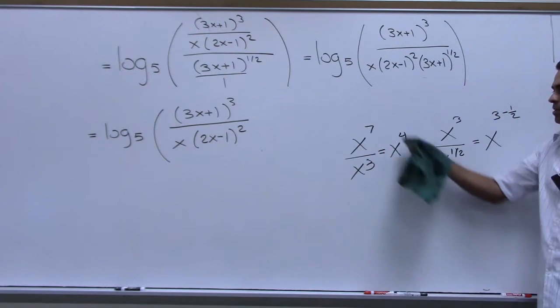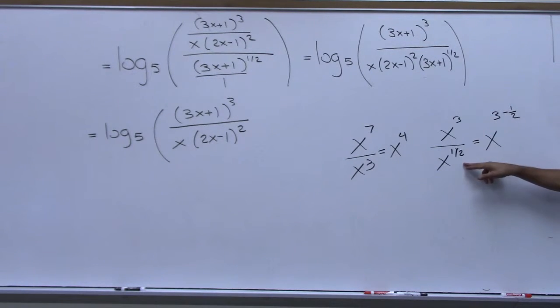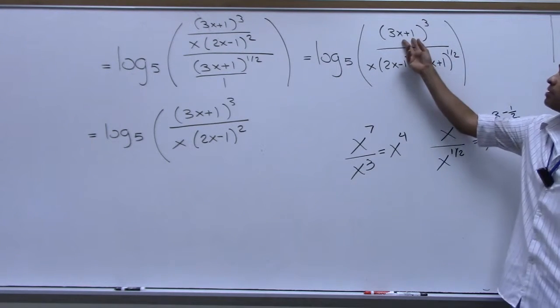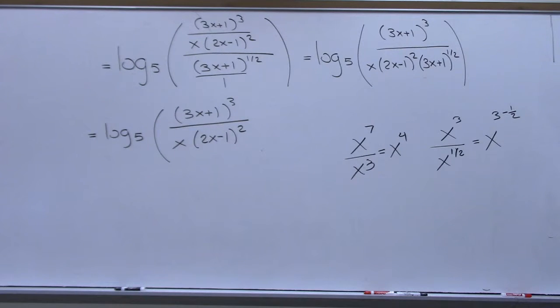Because you would do 7 minus 3 is 4? So if I have x to the third over x to the 1/2, you would do 3 minus a half? So if I have (3x plus 1) to the third over (3x plus 1) to the half, you would just subtract exponents there also? Sure, if you really want to.